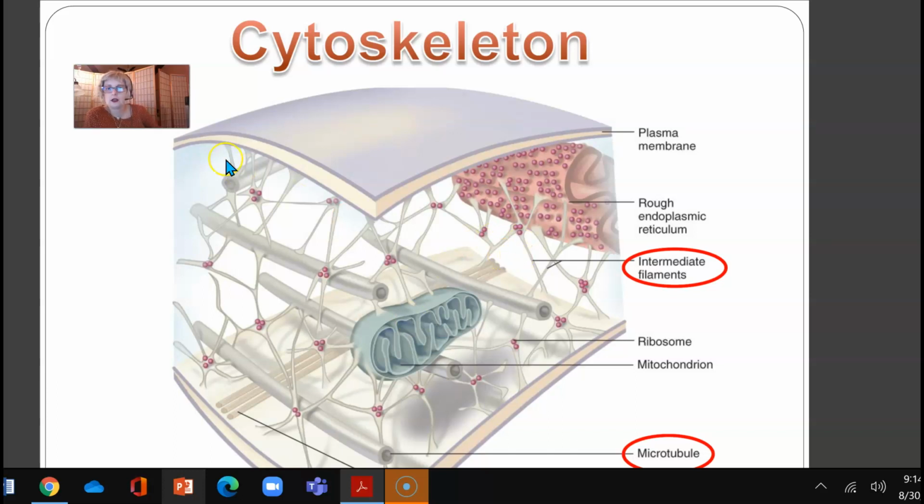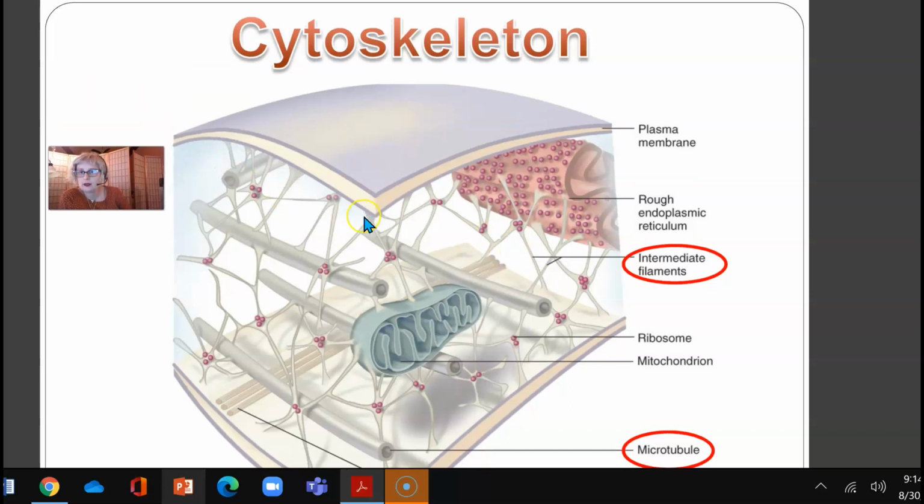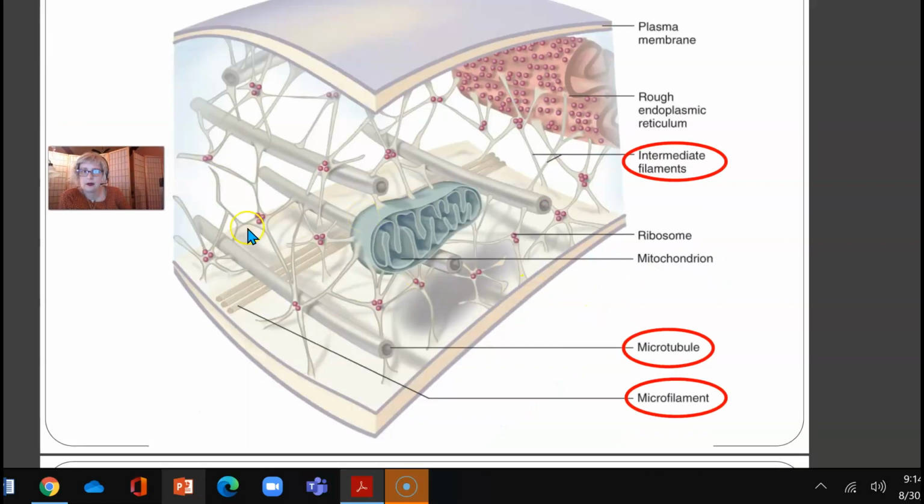So basically, what you need to know is, what are the components of the cytoskeleton? These are the intermediate filaments, you need to know that, the microtubules, and of course the microfilament. Okay, microtubules are large, intermediate are kind of small, right? And then medium-sized cylindrical structures are the microfilaments.